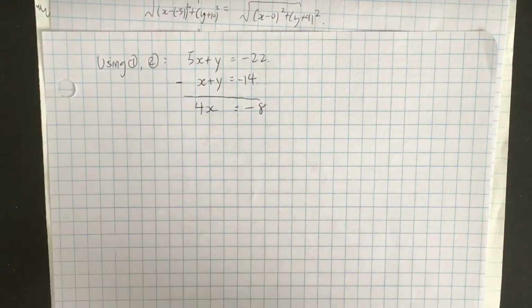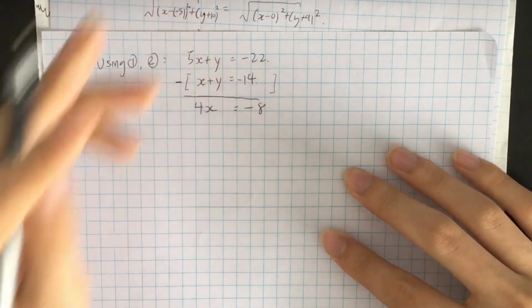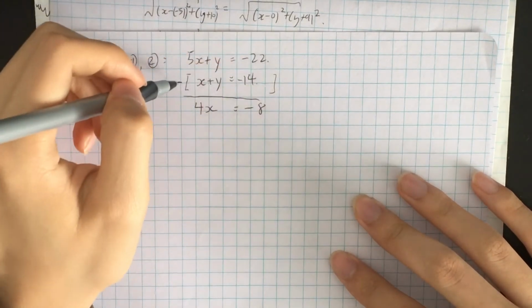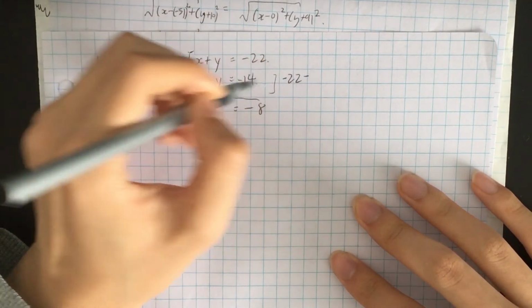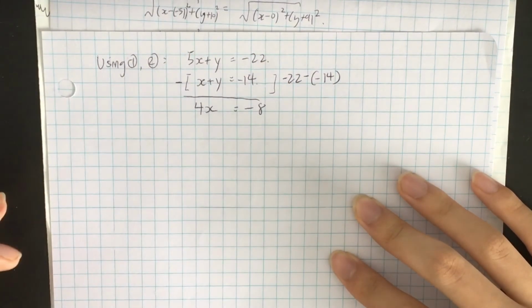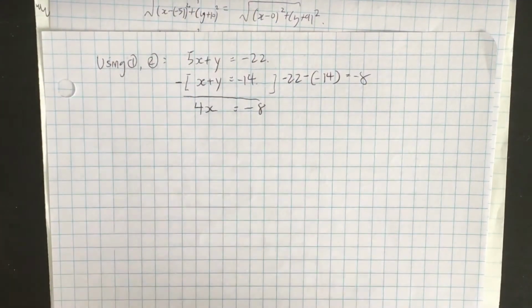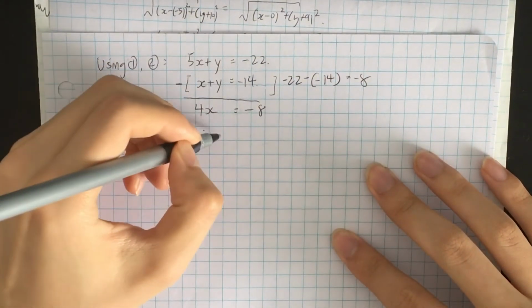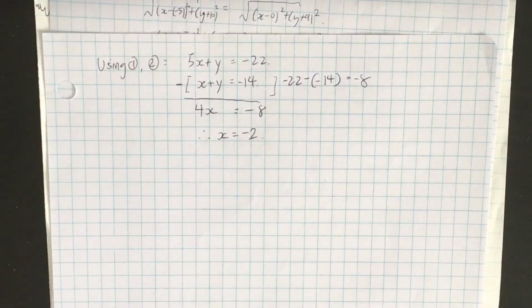You need to be careful, right? We're subtracting this entire thing. So what this is saying is that it's 22 minus 14, which gives us negative 8. That's just a heads up. Therefore, x is equal to negative 2.